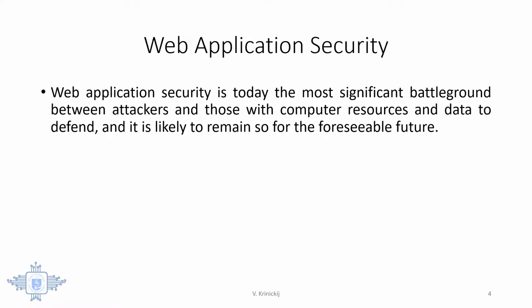So, as you know, web application security is the most significant battleground today, especially during the pandemic. Most of us had to change our view on how to buy things through the internet, basically, and not physically.